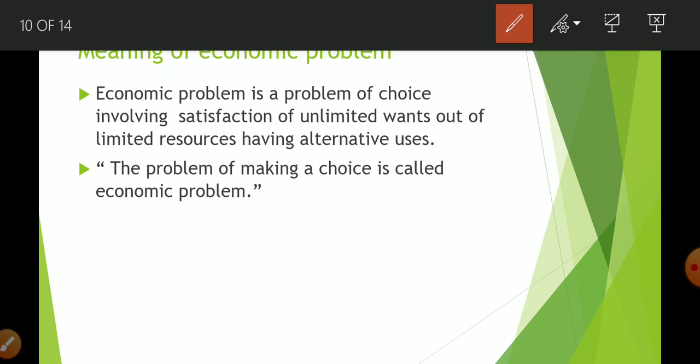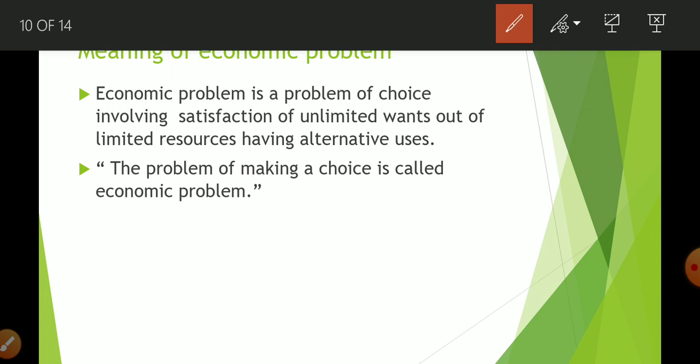Suppose you take the example of your book, the example of economics. If you go into the market to purchase economics books, there are many publications: Sandeep Garg, Radha Bahuguna, VK Ohri, NCERT book. All these books have the same content, but the way of writing, the language, and the way of presentation is different in each publication.